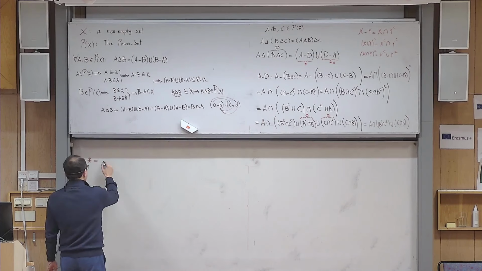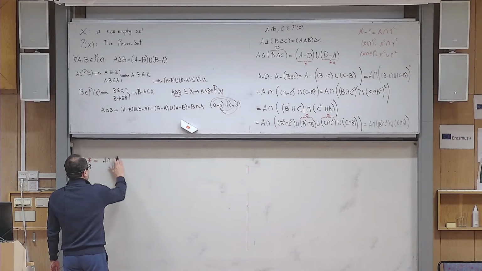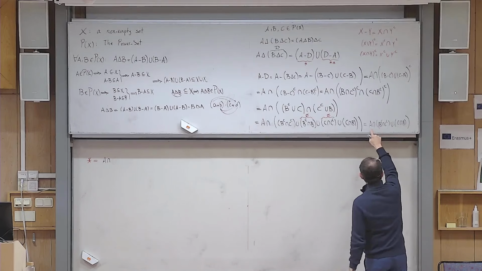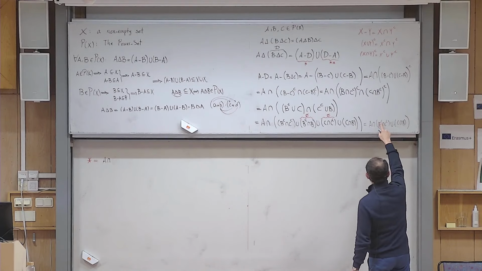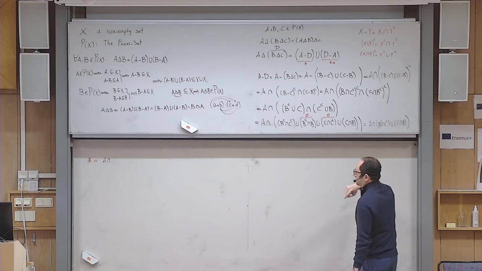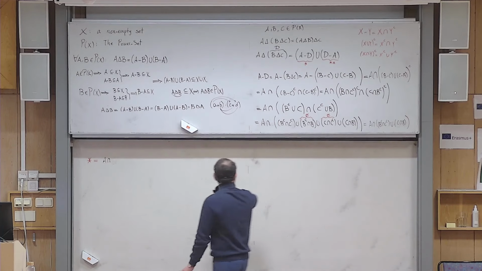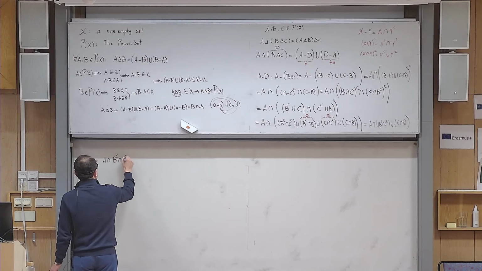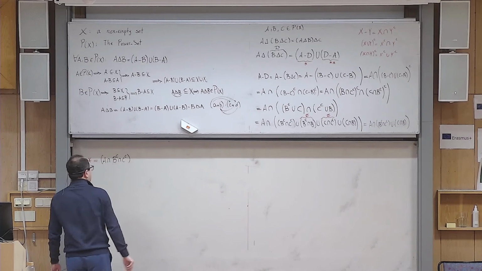A intersect, and by the way, when I distribute this in, A intersect B complement intersect C complement, I don't need to put any pairs of brackets because both operations will be intersect. So this becomes A intersect B complement intersect C complement. Yes?